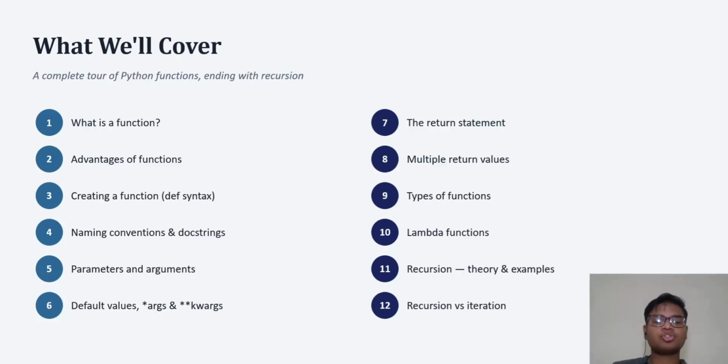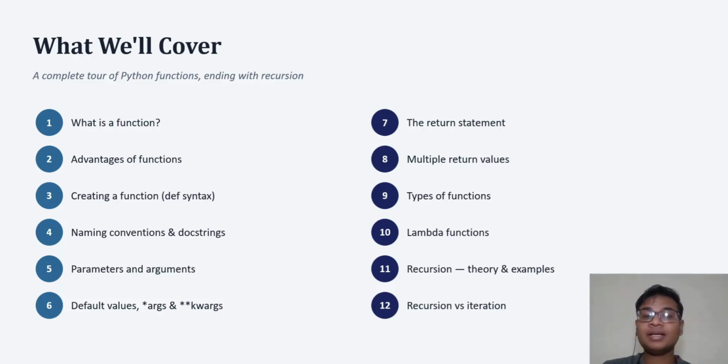First of all, we have to know what we will cover: a complete tour of Python functions ending with recursion. That is the agenda. First, what is a function. Second, the advantages of functions. Third, creating a function with the def syntax.